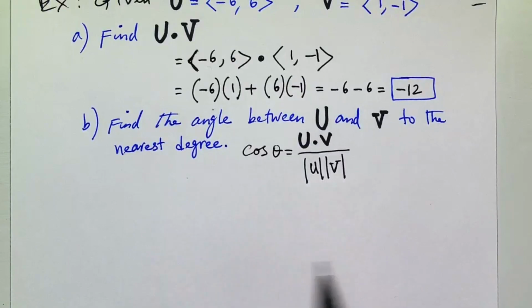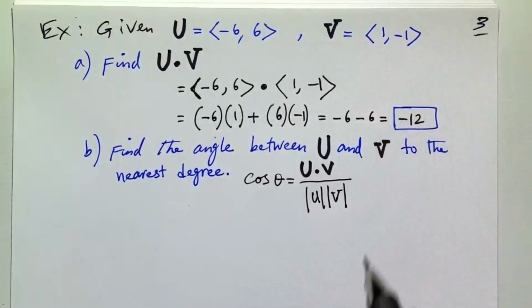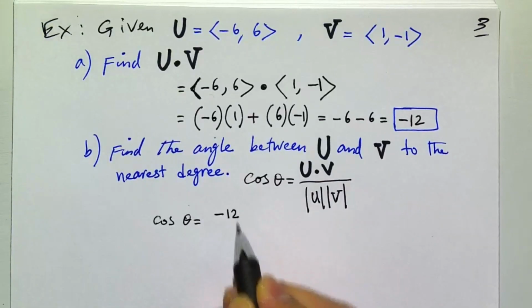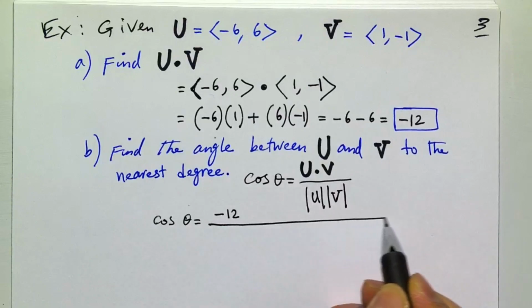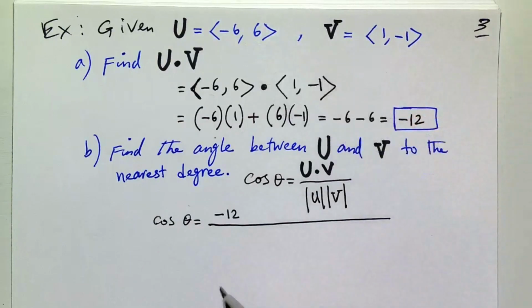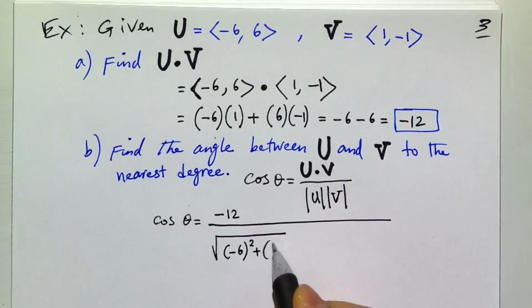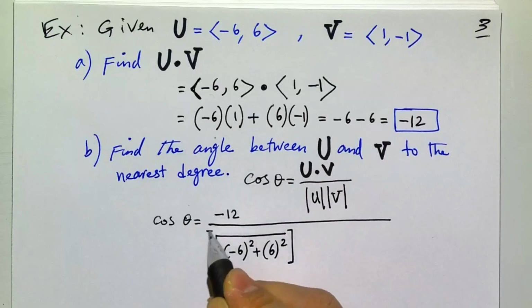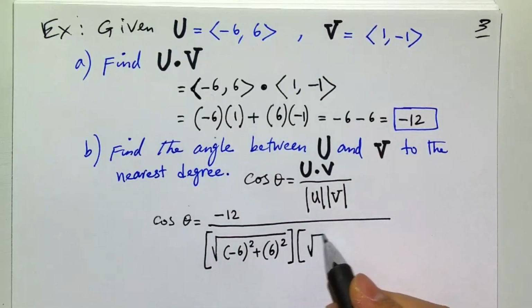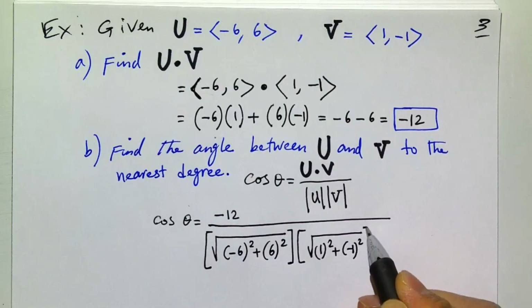We're going to say cosine of theta is equal to minus 12 divided by the magnitude of vector u, which would be the square root of negative 6 squared plus 6 squared, right? And then times the magnitude of vector v, which would be the square root of 1 squared plus negative 1 squared.